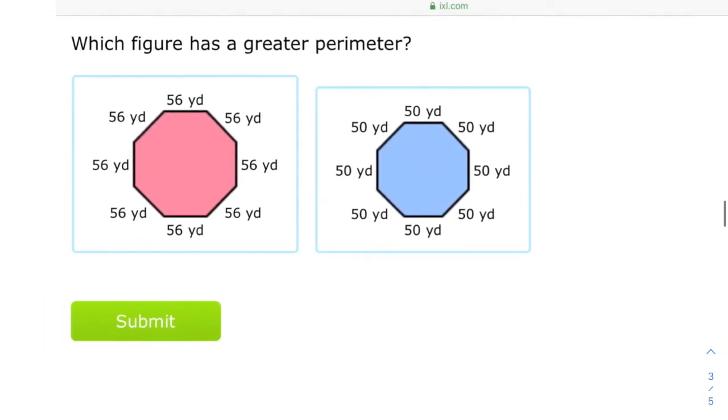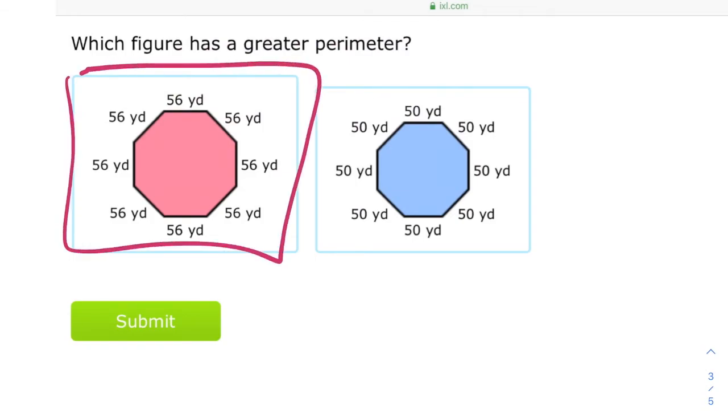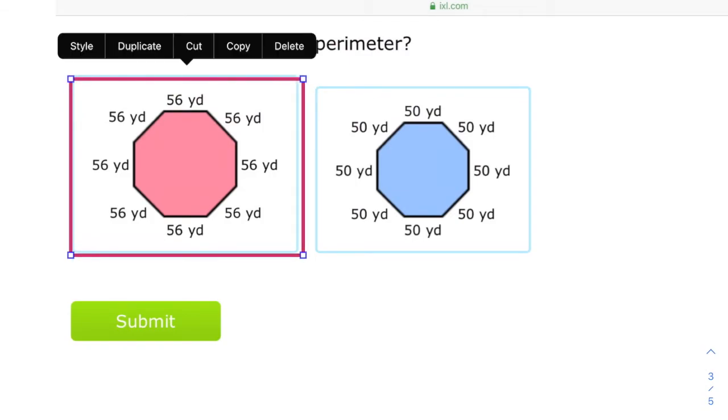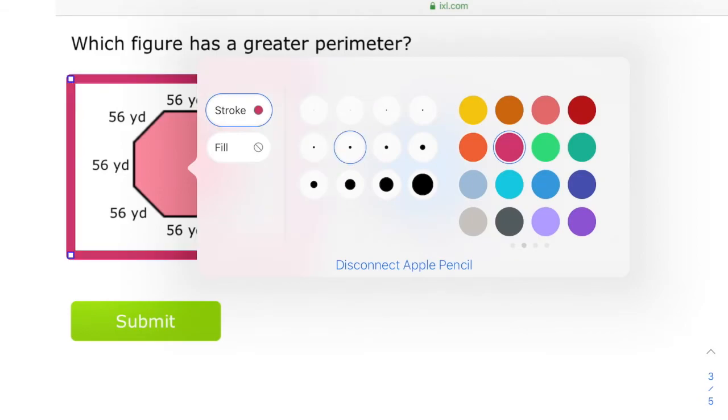Okay. Next problem, which one has the greatest perimeter? You know what? I don't even think I need to do work because what I see here is 1, 2, 3, 4, 5, 6, 7, 8 sides, and I see 1, 2, 3, 4, 5, 6, 7, 8 sides. So you already know which one's going to be larger. But let me do the work out just to show you.